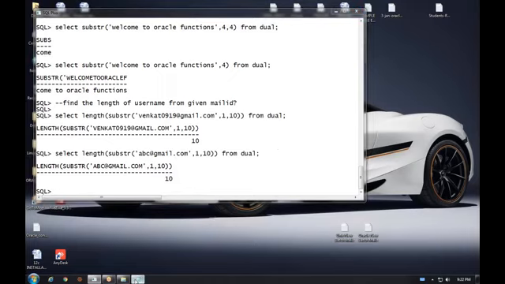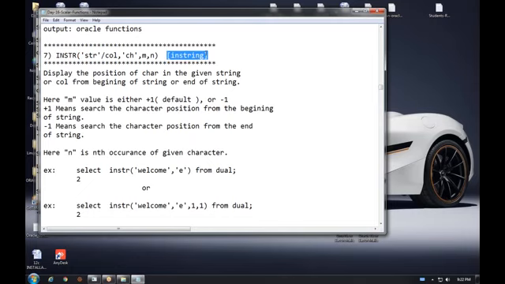INSTR full form is in string. It will take 4 parameters. Given string, you can also write a column name. Given string, what character you want to find out, m, n.